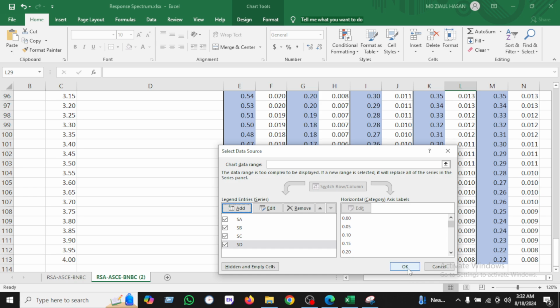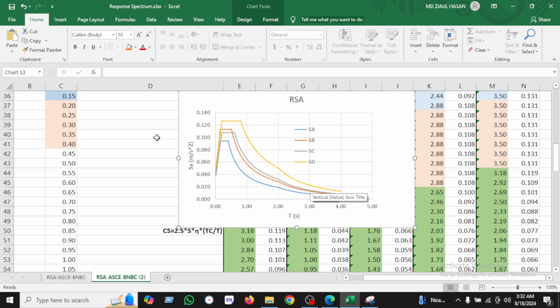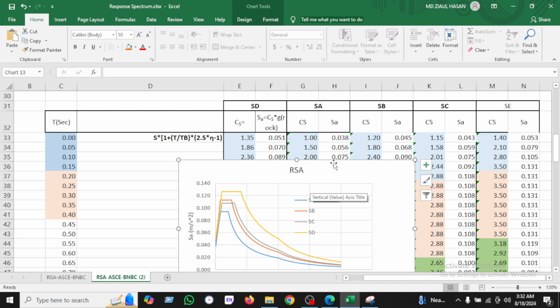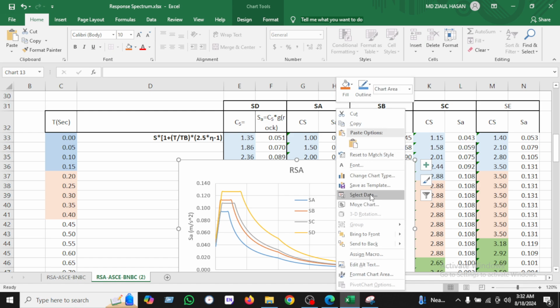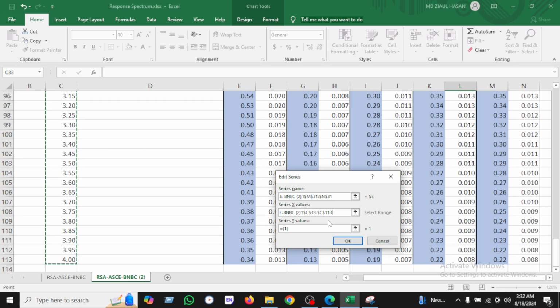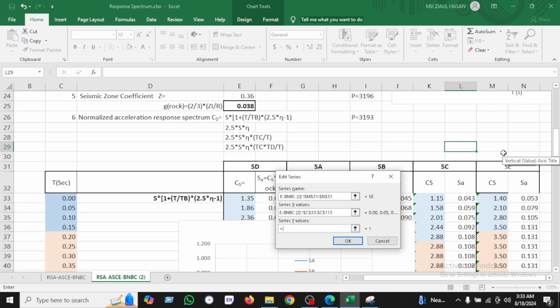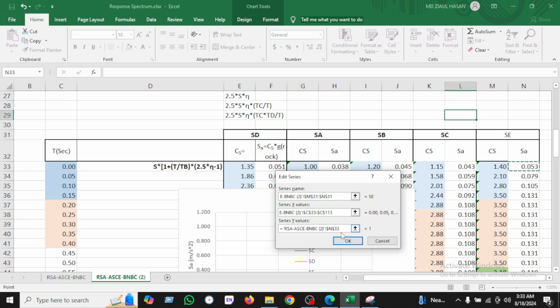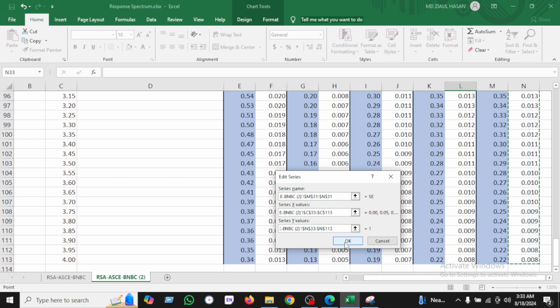Okay, we have done SD. And the last one we will graph is SE, and the x value will be time period in the same way, and the y value will be spectral acceleration.